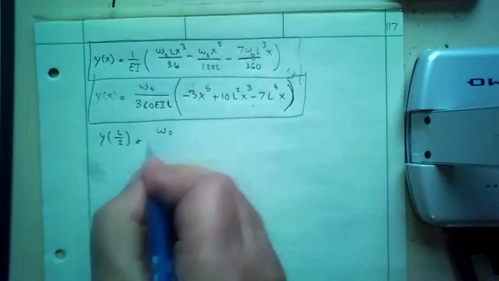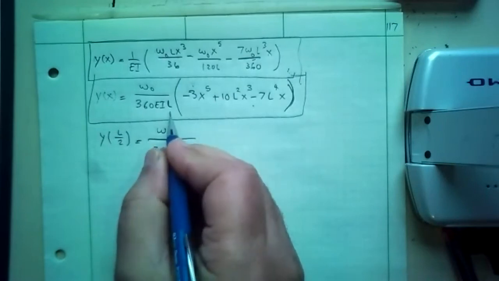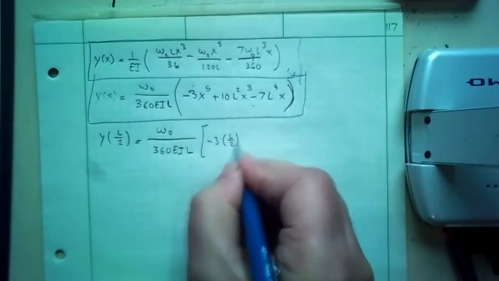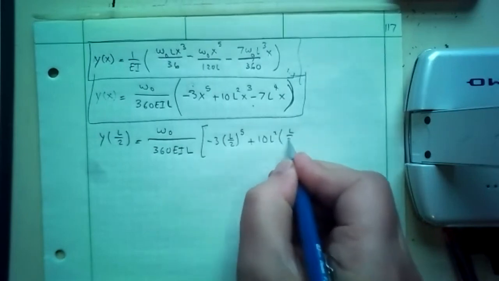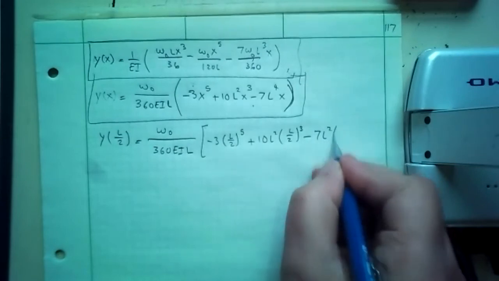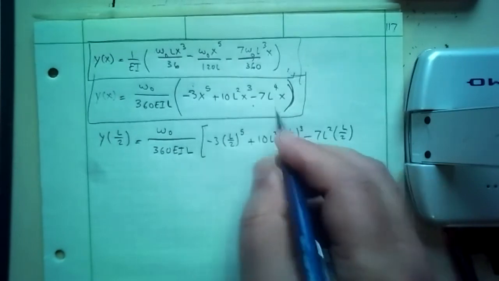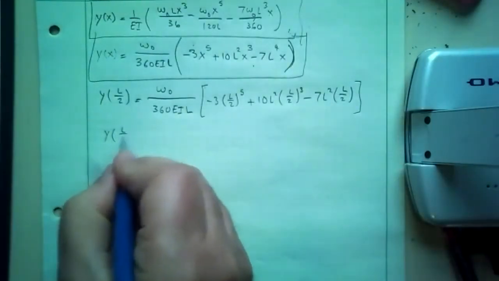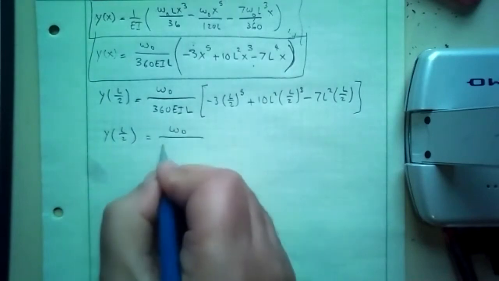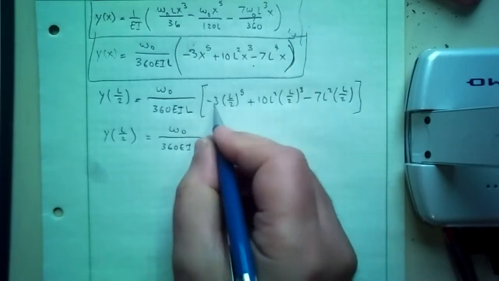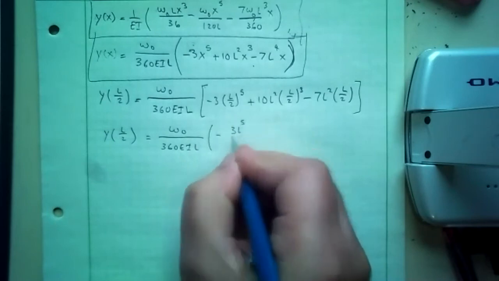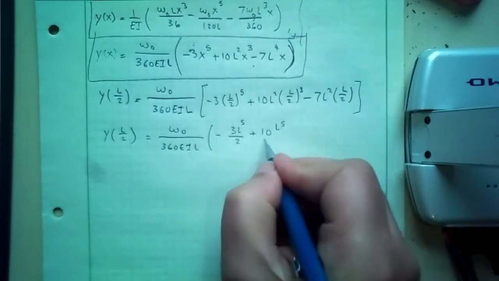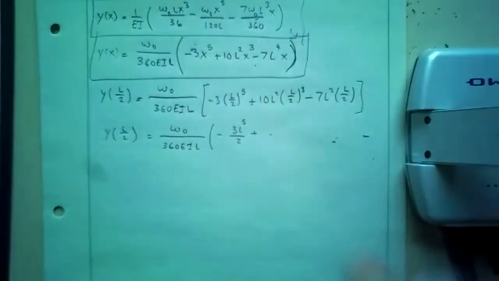So for x, I put in L over 2. And I guess I can work it a little further. 10 over 2 is 5.